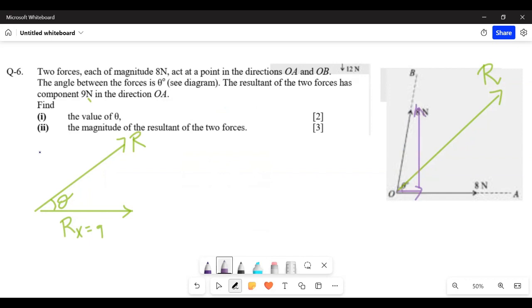The vertical one is opposite to theta, so it's going to be the sine component. I'm drawing it here, parallel to the original line. It's going to be 8 sine theta. And the horizontal component is going to be 8 cos theta.